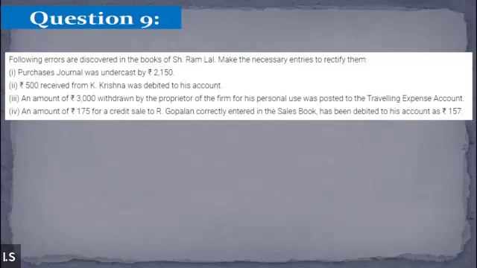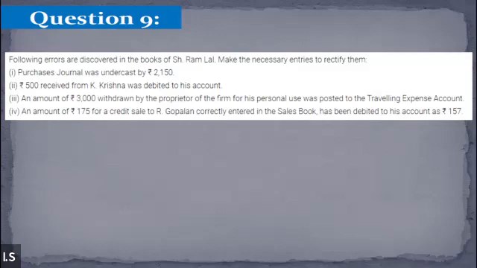Sir, I also had a doubt. Tell me. When the proprietor is drawing, what account is credited? Is it bank? See, an amount of 3,000 withdrawn by proprietor of the firm for his personal use was posted to traveling account. So first of all, tell me what would have been the wrong journal entry in this case?